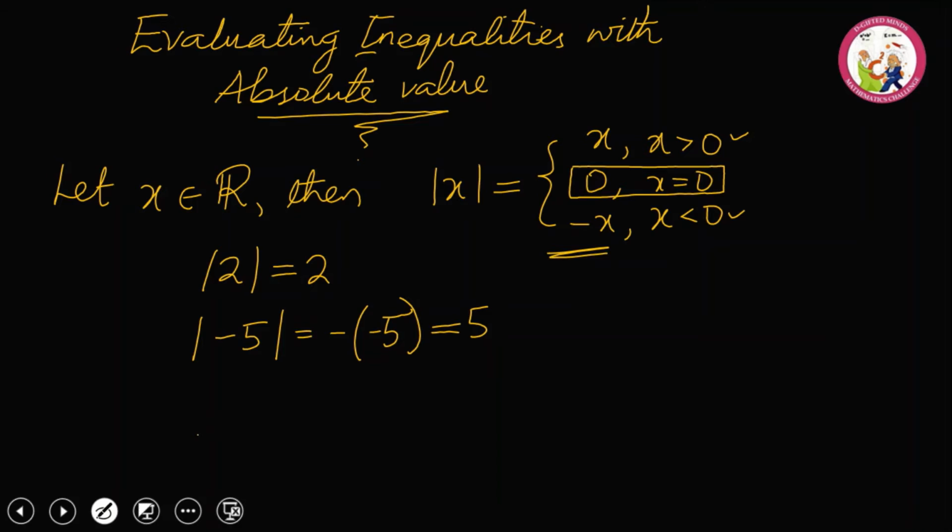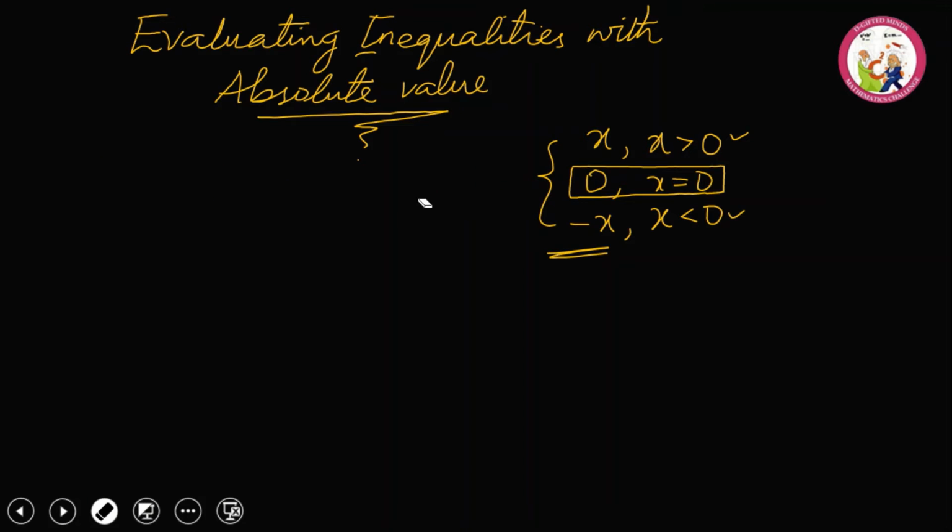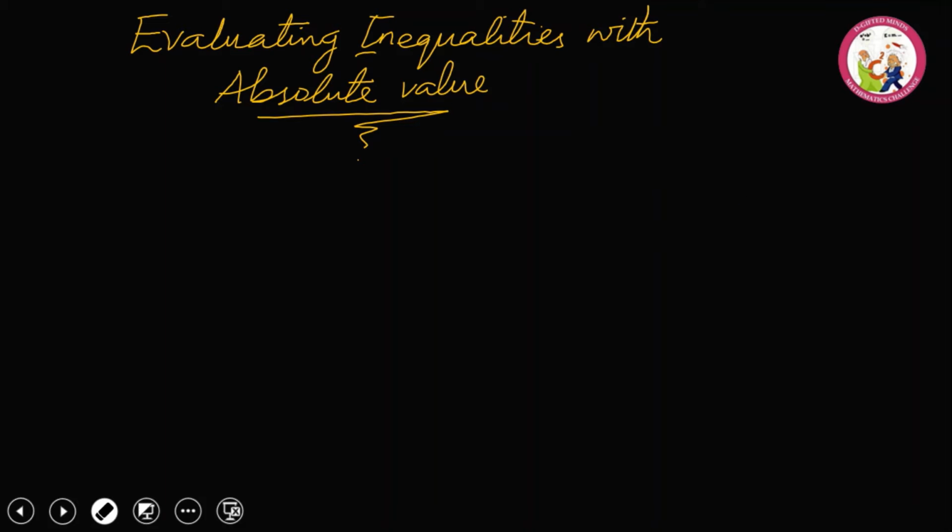Since we've seen this, what's my focus? My focus is how to evaluate inequalities with absolute value. You've seen the definition and the graph of the absolute value of a number. Now let's take an example to explain the main idea.